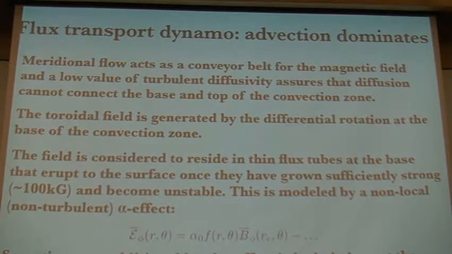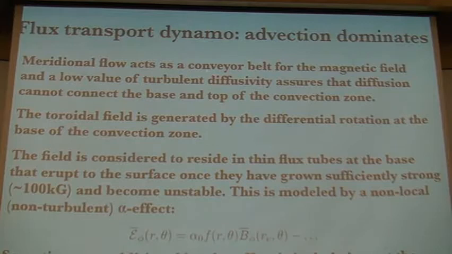In these models the meridional flow is very important for your dynamo, so that it acts kind of like a conveyor belt for your magnetic field, and the turbulent diffusion is so low that there is no connection between the surface and the base of the convection zone.